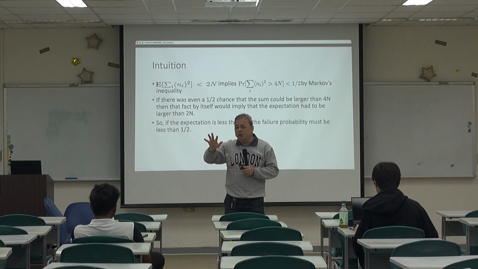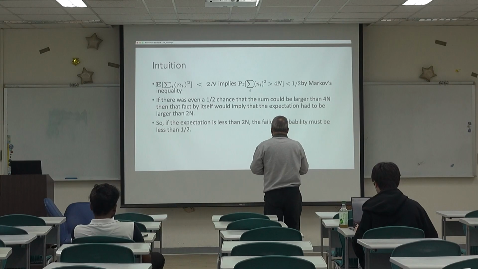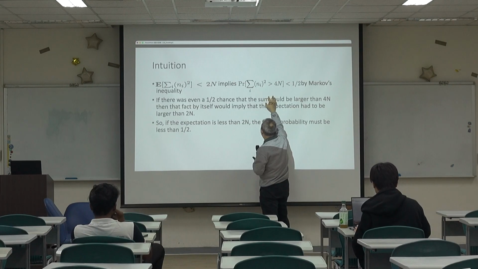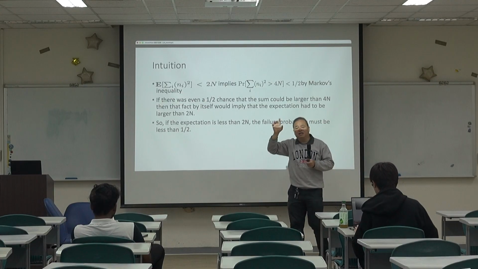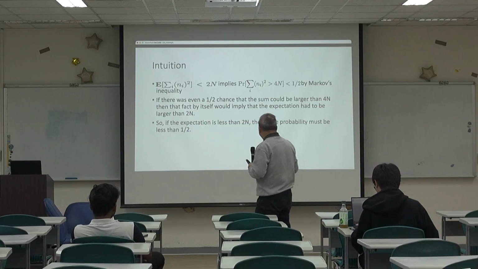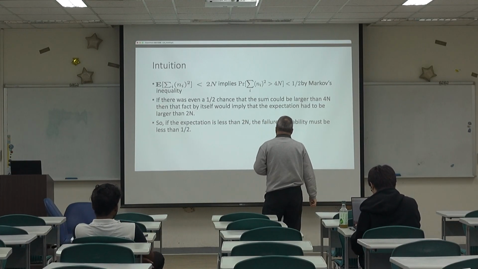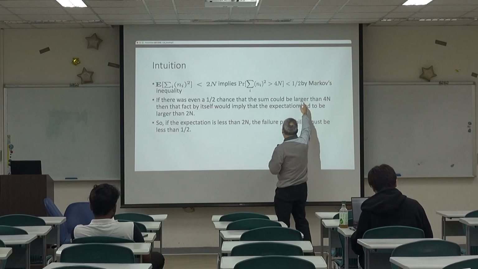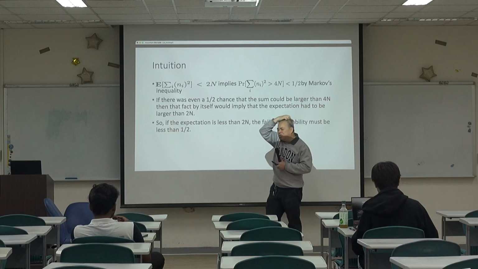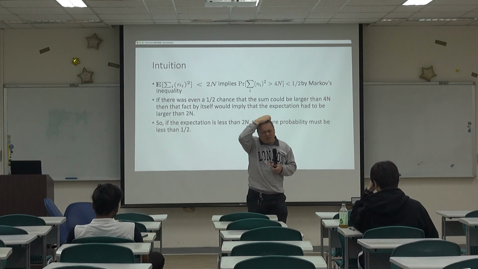If we are able to show that, then we are able to claim the probability that the sum of this Ni squared is greater than 4 times N is lower than 1/2. This N is basically the number of keys, by the way. Because you probably don't know what Markov inequality is, I try to give you an intuition.